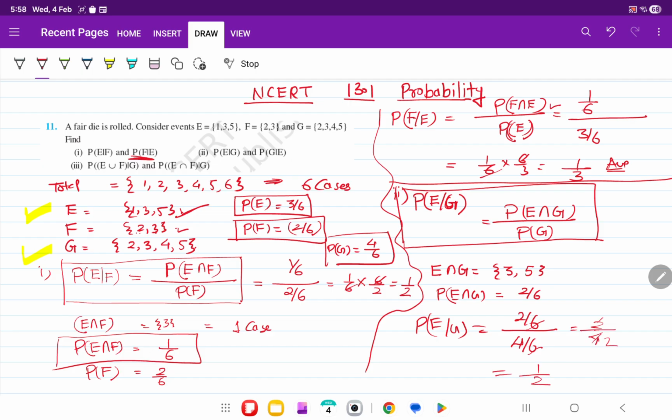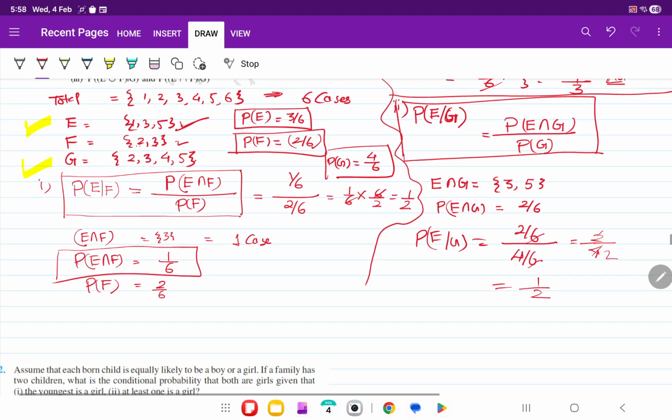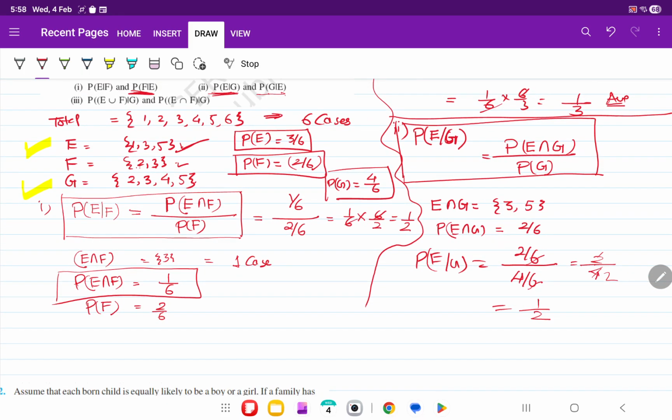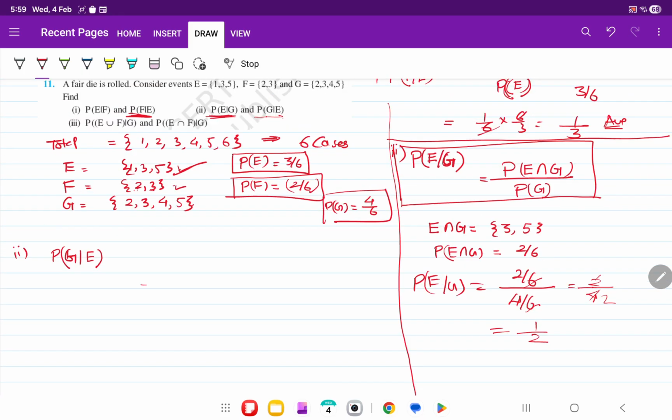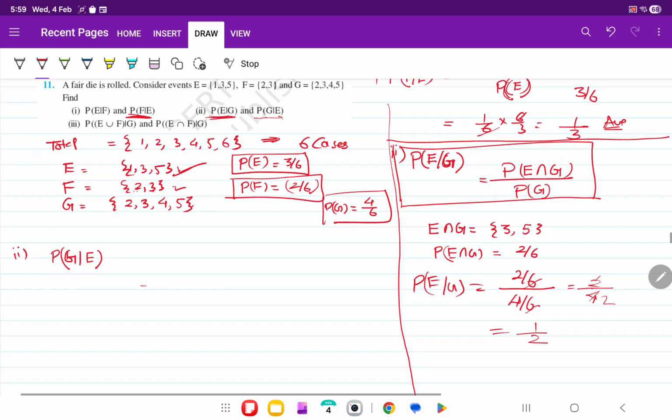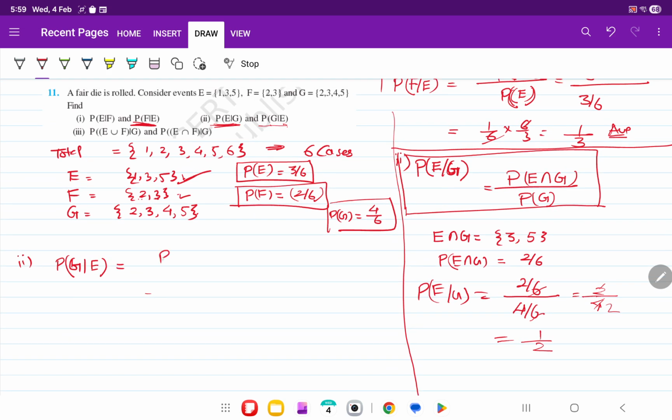So the first part is done. Now we have one more part, which is the probability of G when E has happened. Okay, let me do it now, the second part of it. Probability of G when E has happened is the probability of G intersection E divided by P(E). This is by formula.